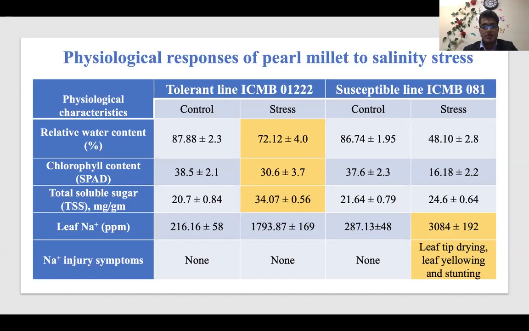Then, during stress, the higher the sodium accumulation in leaf, the less susceptible the line. You can see the susceptible line has accumulated a high amount of sodium in leaf. We also observed sodium injury symptoms, like leaf tip drying, leaf yellowing, and stunting, only in the susceptible line.